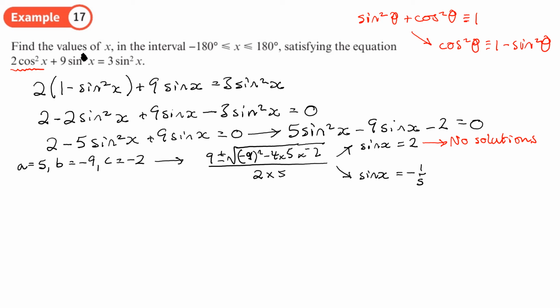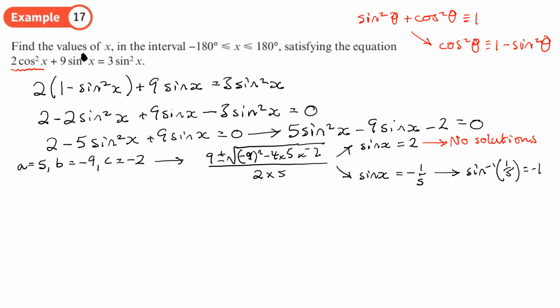If you did the sine inverse of 2, it would come up error anyway. But we can find solutions for the next one. So we're going to do the sine inverse of negative a fifth, and we get negative 11.5 to 1 decimal place.